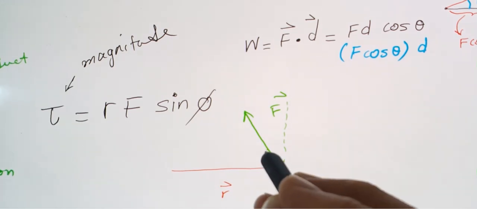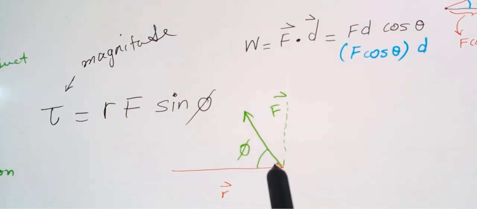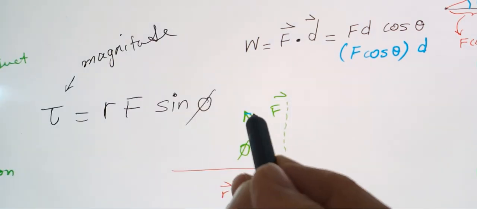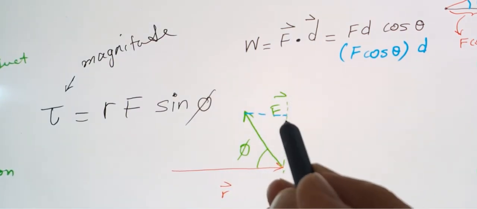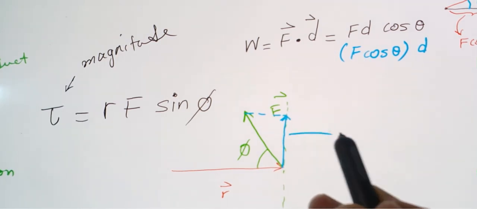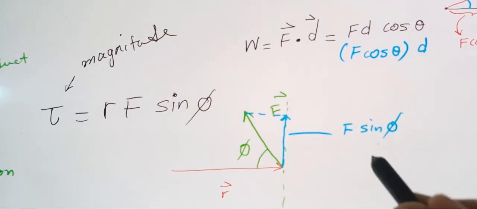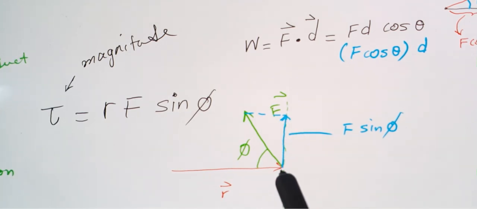So if this is phi, for example, what is F sine phi? It is this component. And this is F sine phi. That means only the perpendicular component of the force, perpendicular to R, will do torque for me.